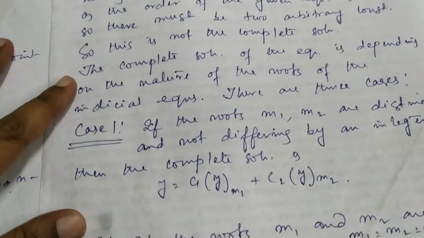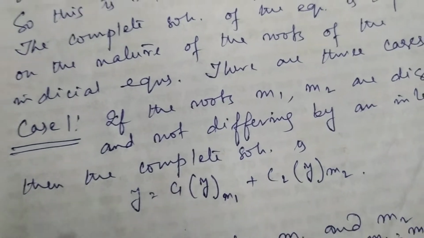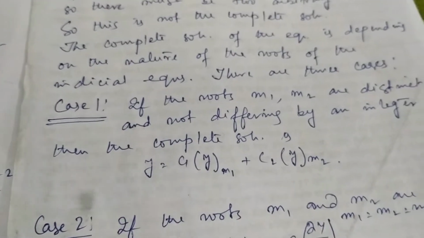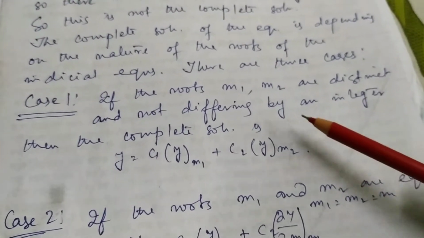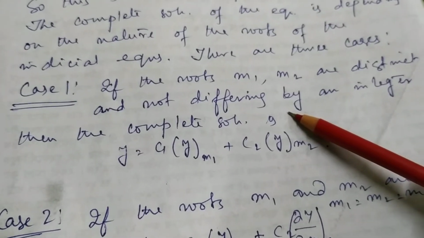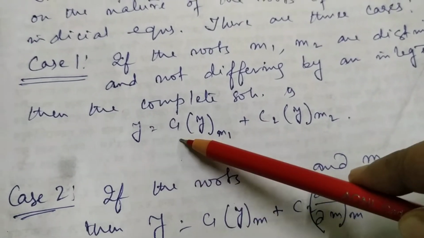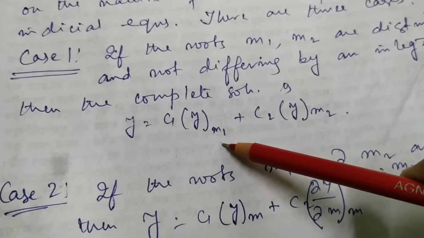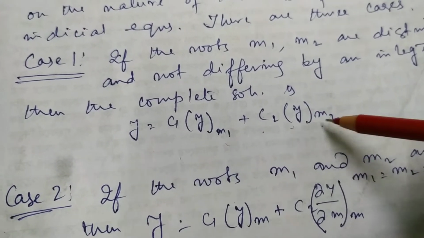There are three cases. Case 1: if the roots m1 and m2 of the initial equation are distinct and not differing by an integer, then the complete solution is y equal to c1 y, the value of y at m equal to m1, plus c2 y at m equal to m2.